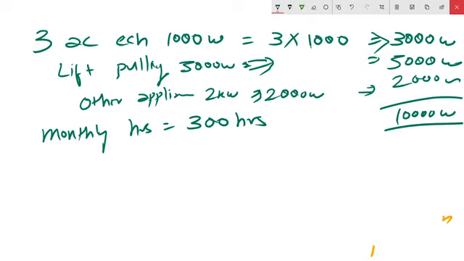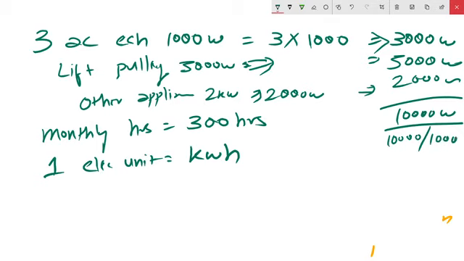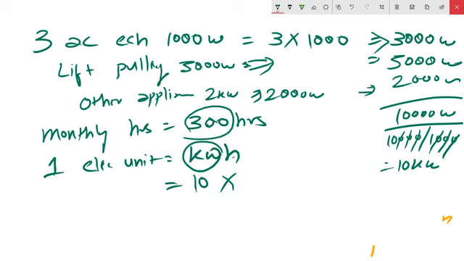As we know, one electrical unit is equal to one kilowatt hour. So if you convert this into kilowatt, 10,000 divided by 1000 will give you 10 kilowatt. So in this kilowatt you can put 10 into hours, which is 300.